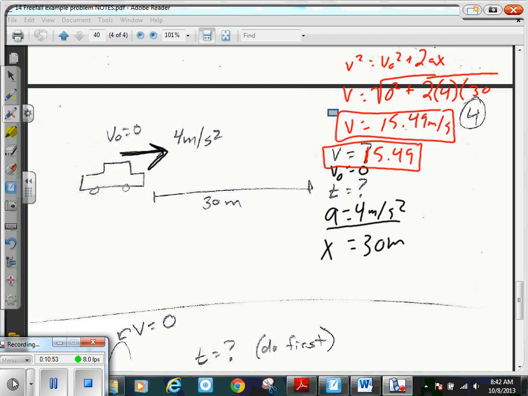Now for time, I could use either other formula, but I'm going to use this one. It's a little easier. v equals v sub naught plus at.